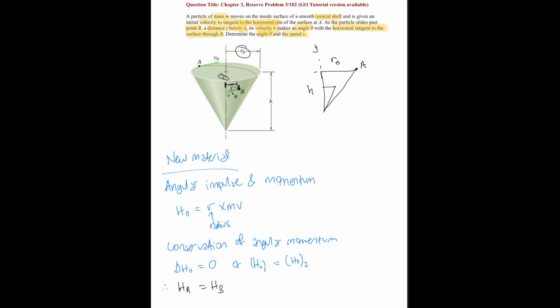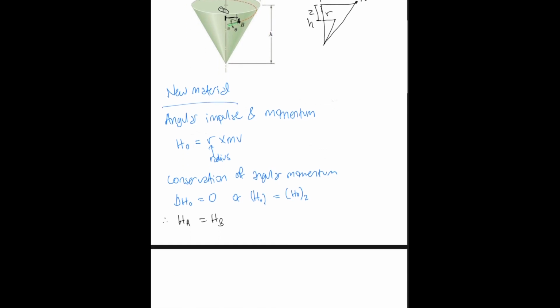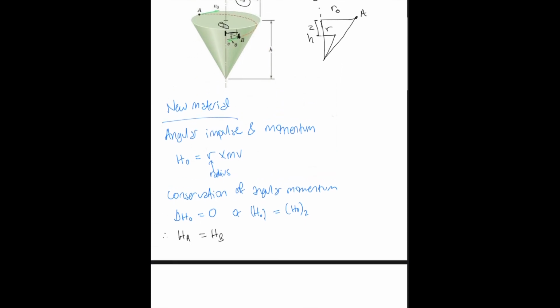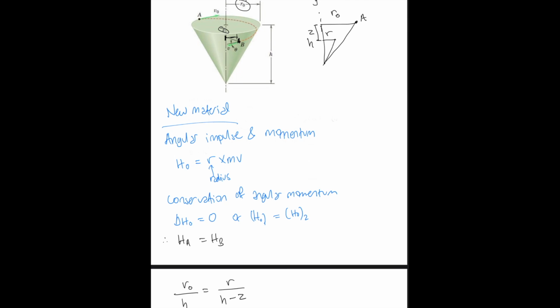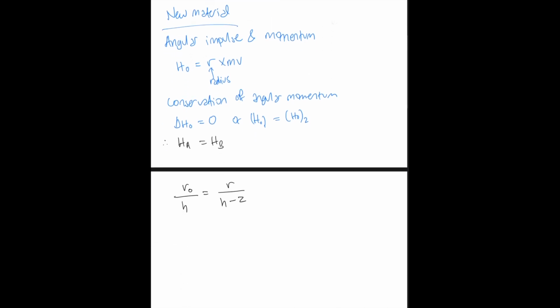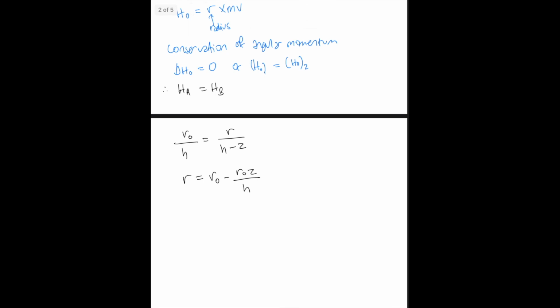We know that this distance over here is Z, and we want to find R. Because those are similar triangles, we can do R naught over H is equal to R over H minus Z. Once we rearrange that, we get R is equal to R naught minus R naught Z over H. It's just a geometry trick.